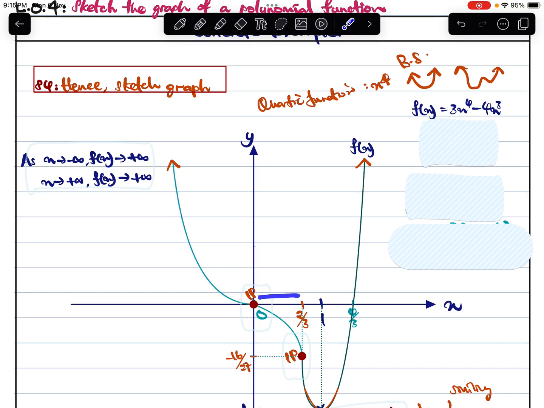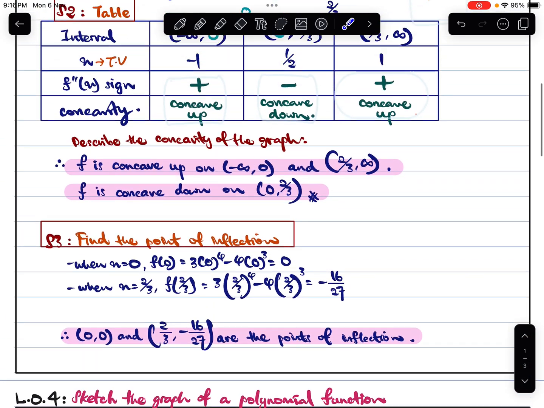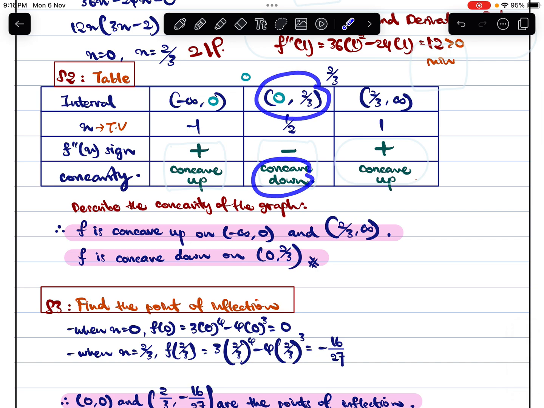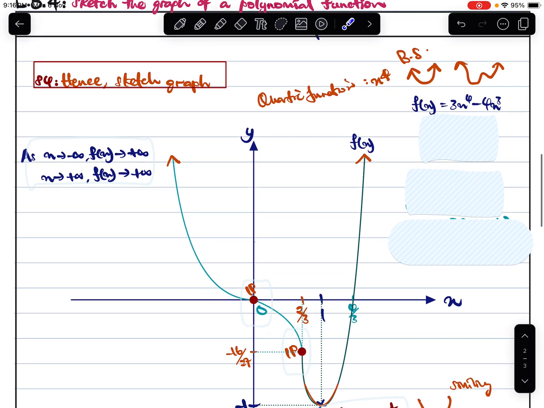And then because it says between this interval 0 until 2 over 3 here, it must have a concave downwards. From this description, it's very obvious that in this interval you must be concave down. That's why it is just halfway smiling and then halfway sad, until it stops at this point 2 over 3 because of this interval part showing you that it is concave downwards. And you don't have to draw all of them.